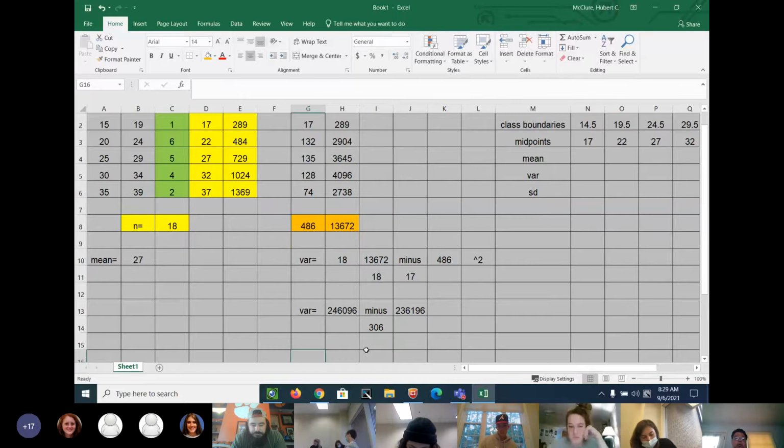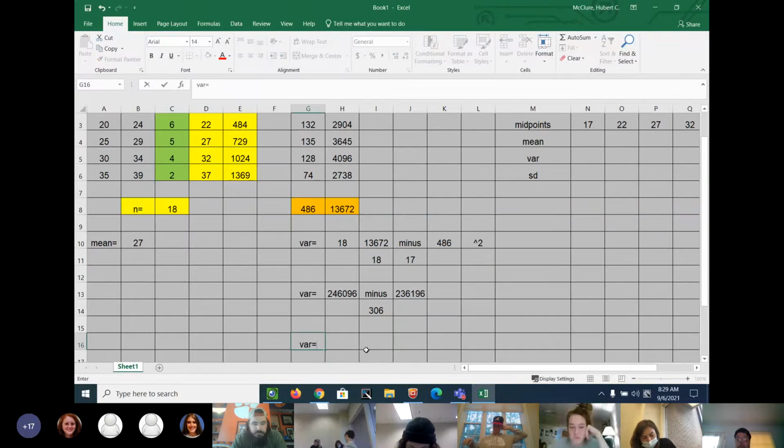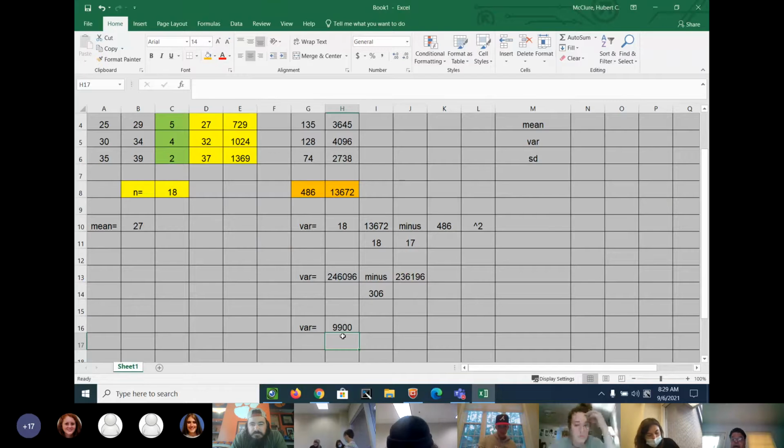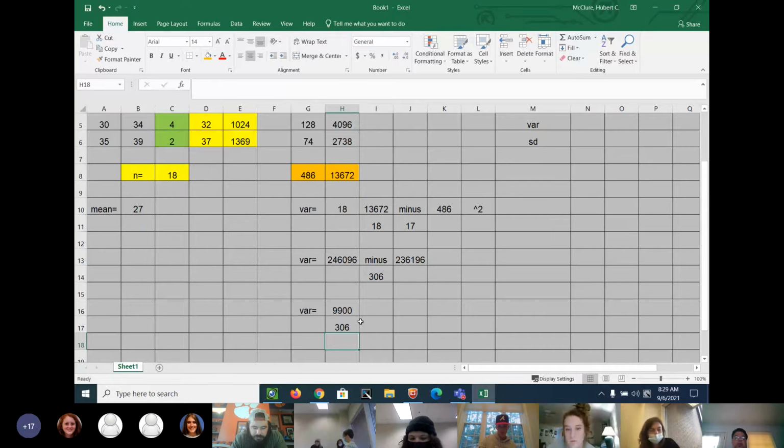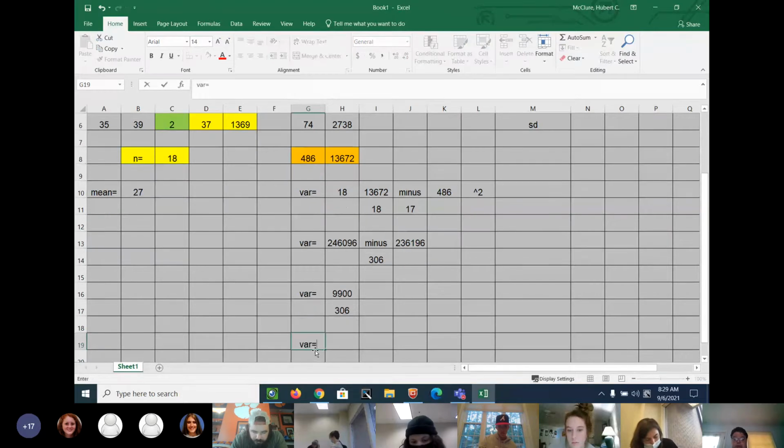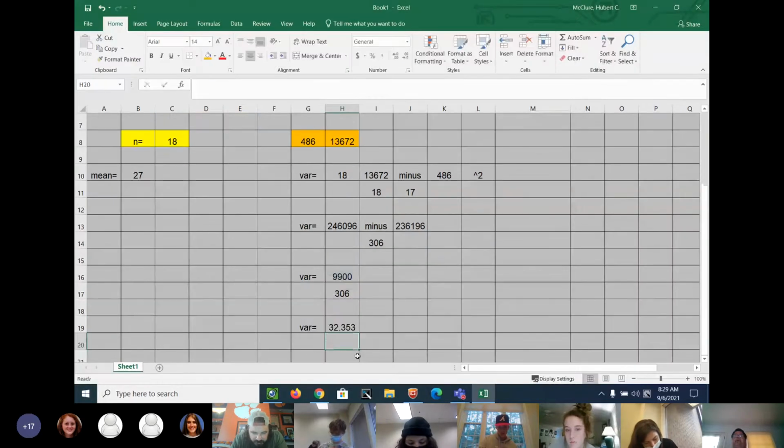Then the variance is going to be equal to this number minus this number divided by 306. The variance comes out to be 9,900 divided by 306. I got 32.353. What'd y'all get? Thumbs up?